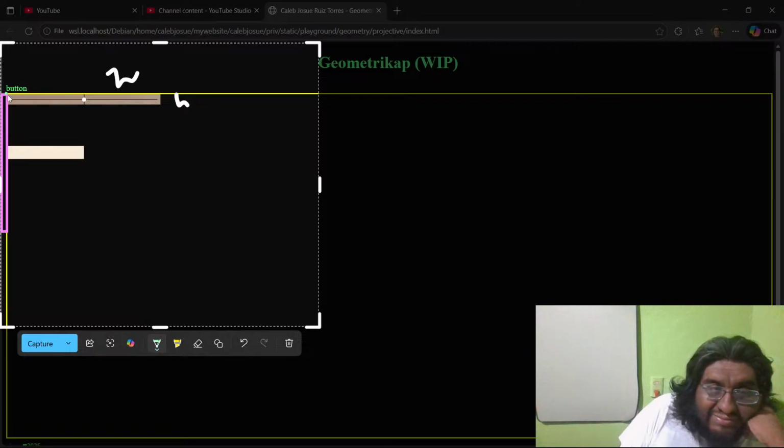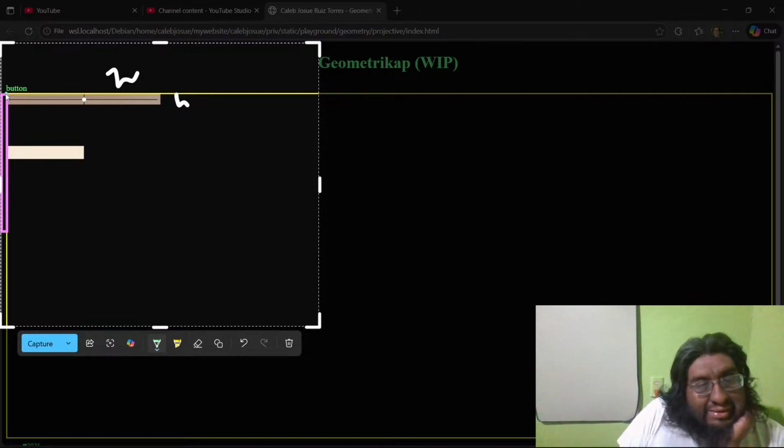We also have this point. This is shared. Independently of how you rotate this image, this thing is shared. This one is 0, 0 coordinates.